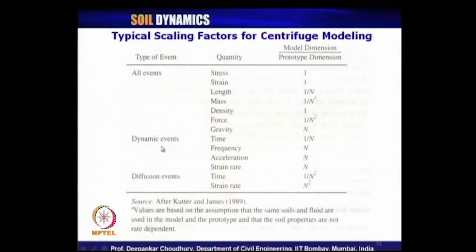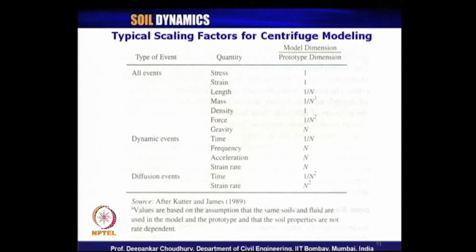When you are modeling it in the centrifuge and running it at 30 G, how much time should you take to give that input to the model? That is divided by 30, that is only 1 second. So, within 1 second you have to give the input excitation to your model.